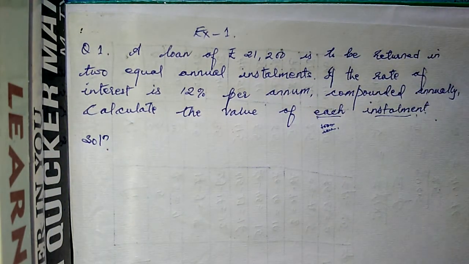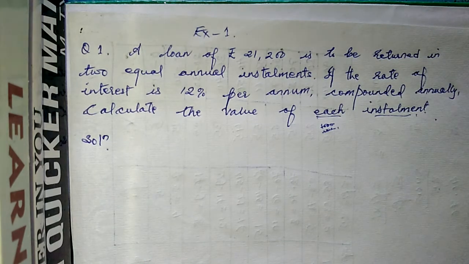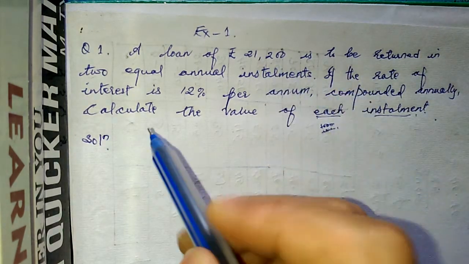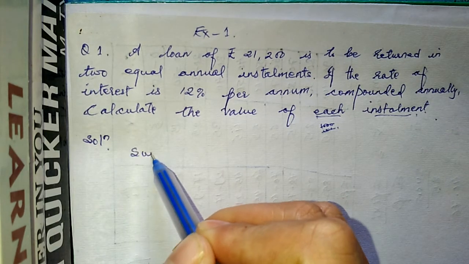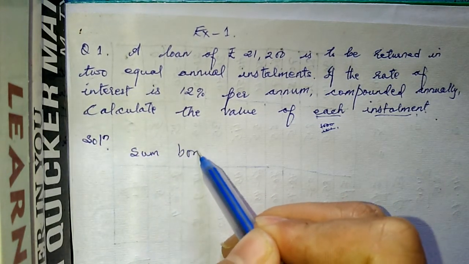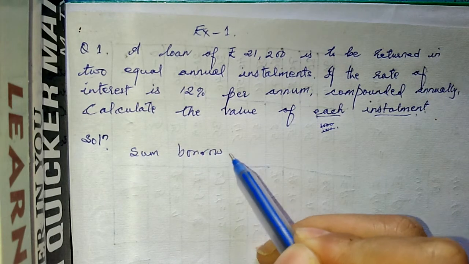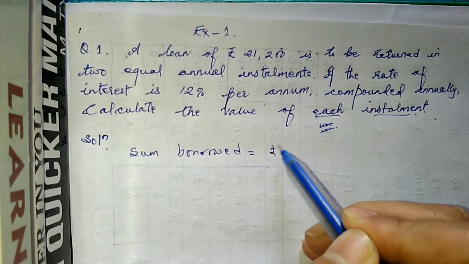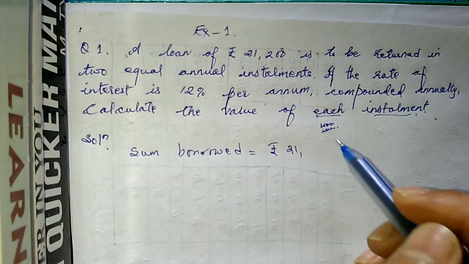Sum borrowed, this amount we will assume as the sum borrowed. Sum borrowed is rupees 21,200.